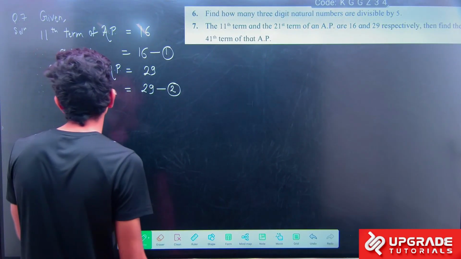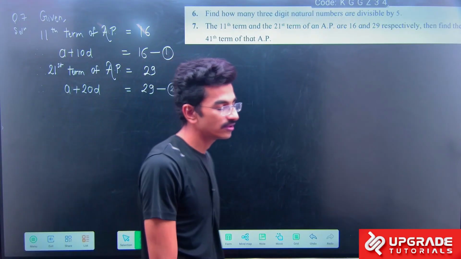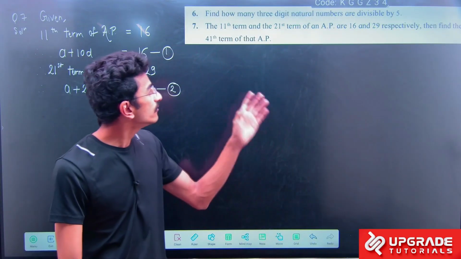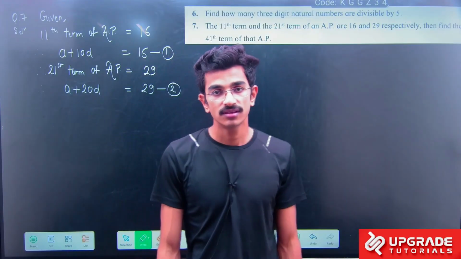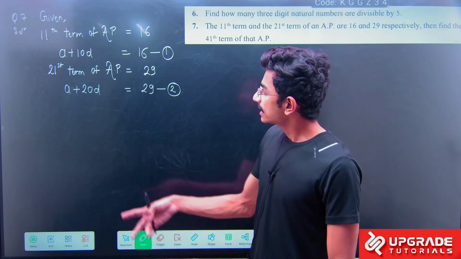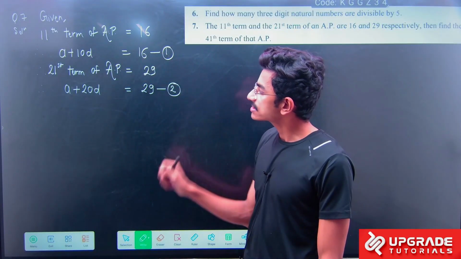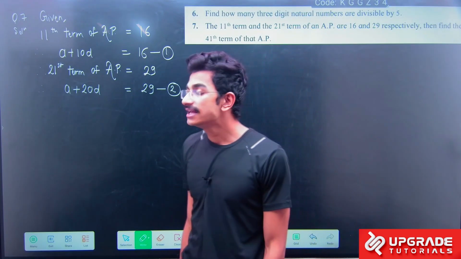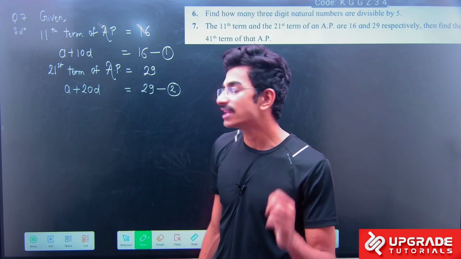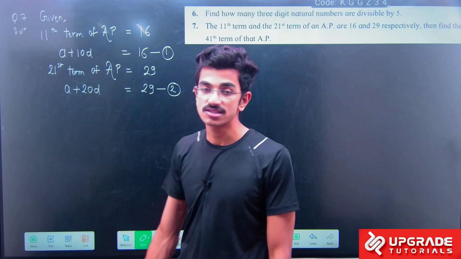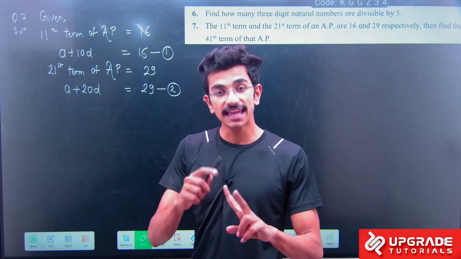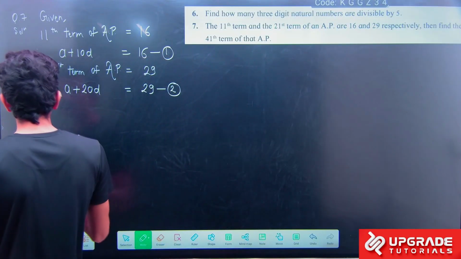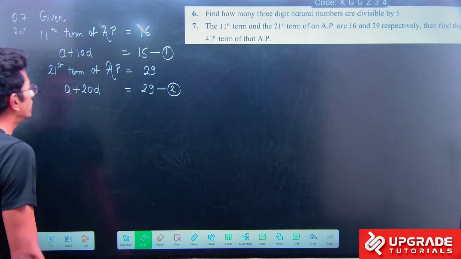Question number 2. So here again, is anything more given? No. Directly we have to find the 41st term. After looking at the two equations, do you remind something? Yes, it is a linear equation with two variables. You are having two equations, you are having two unknowns, that is a and d, and you have to just calculate. Okay, basically what will we do?